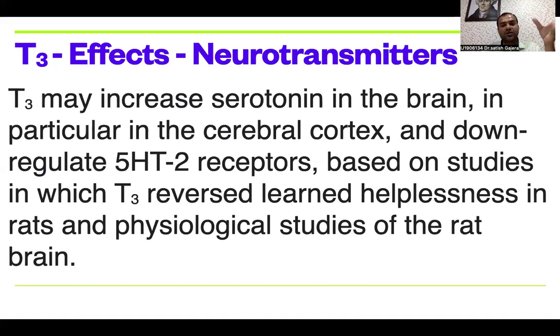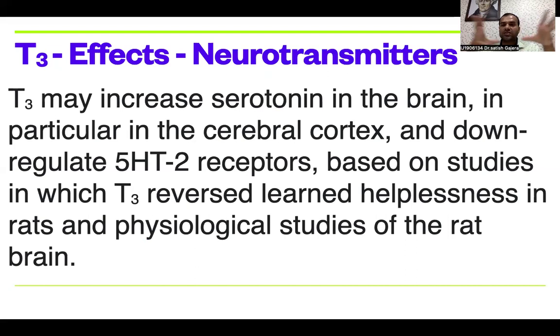How does it affect the neurotransmitters? T3 may increase serotonin in the brain, in particular in the cerebral cortex, and downregulate 5-HT2 receptors, based on studies in which T3 reversed learned helplessness in rats and physiological studies of the rat brain.